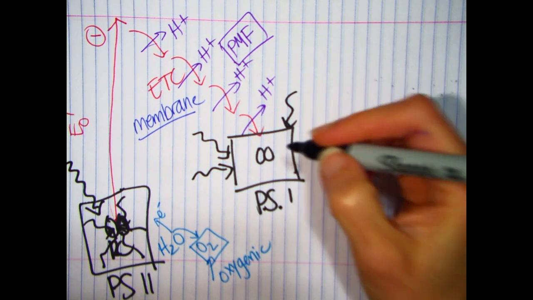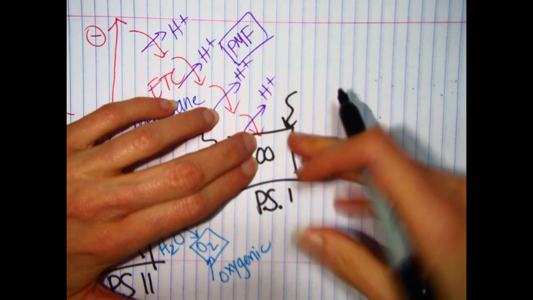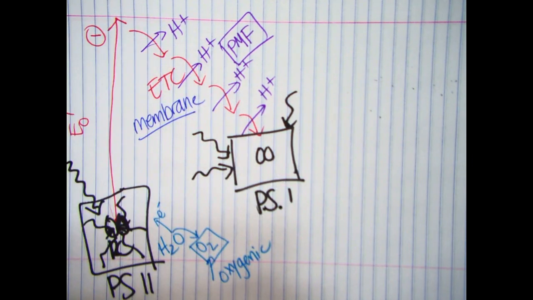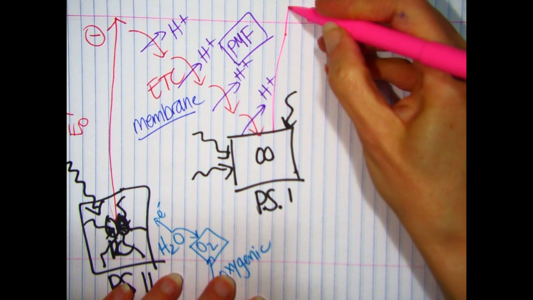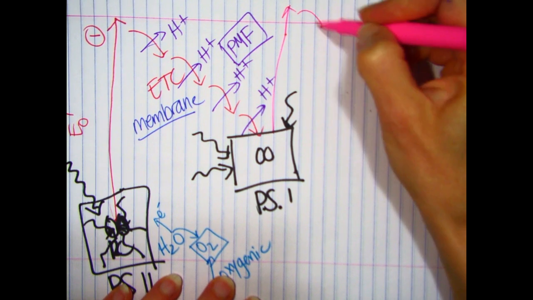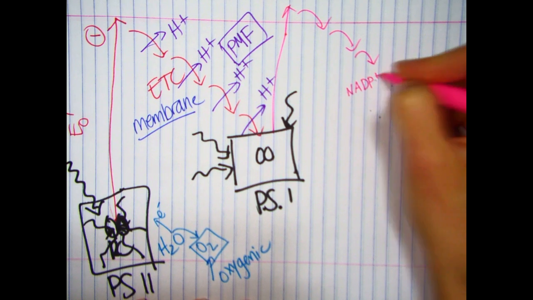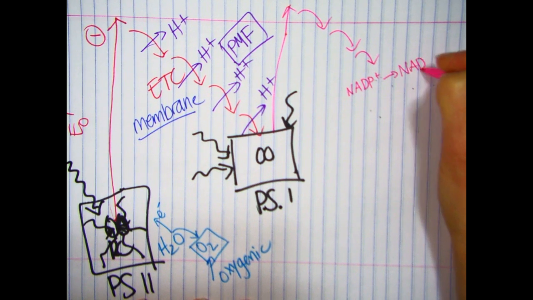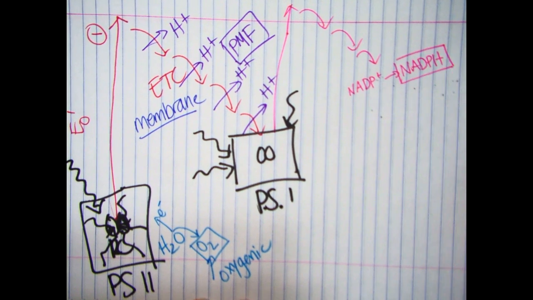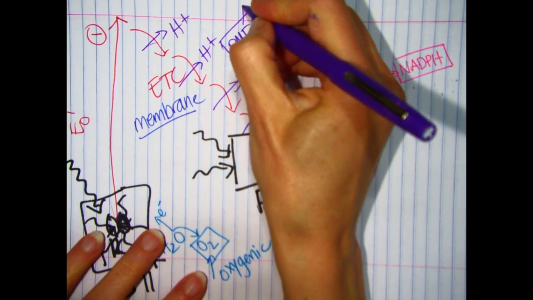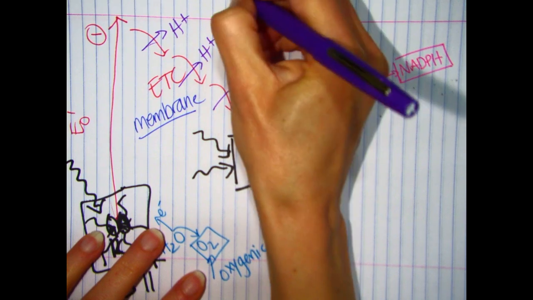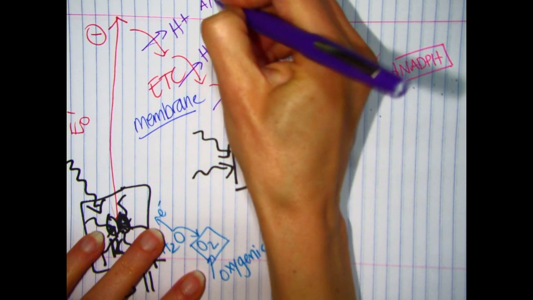So more light energy is absorbed, all of that energy is passed to the reaction center chlorophyll, and the electron takes off again, goes through another smaller electron transport chain, and ends up going to NADPH. And this PMF will eventually be used to make ATP using the enzyme ATP synthase.